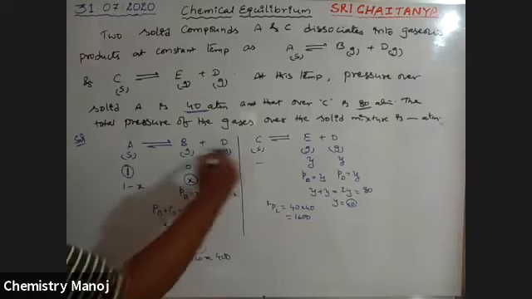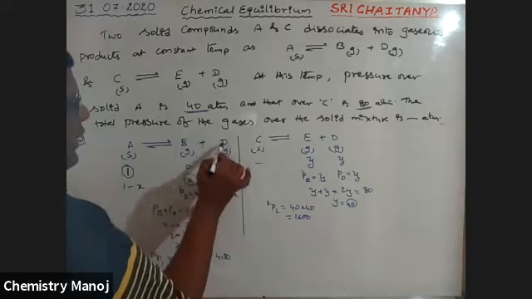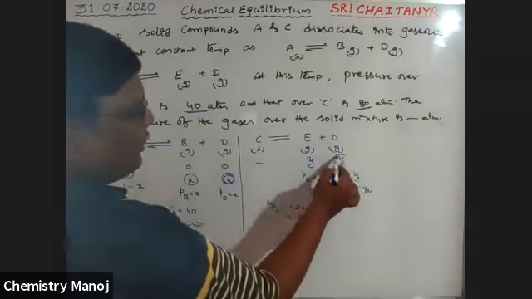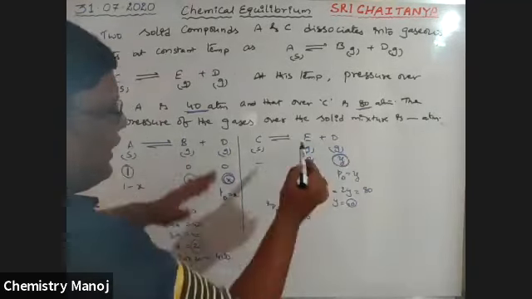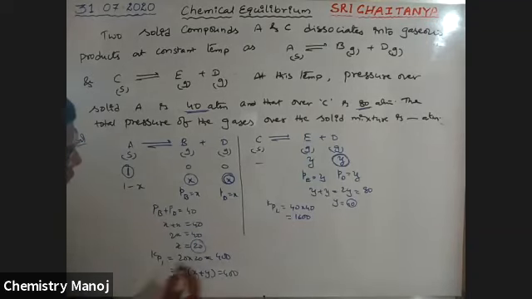See boys, these two are taken simultaneously. Therefore, the partial pressure of D here is x, here is y, so total partial pressure of D is x plus y. Therefore Kp1 is x into x plus y, equal to 400.